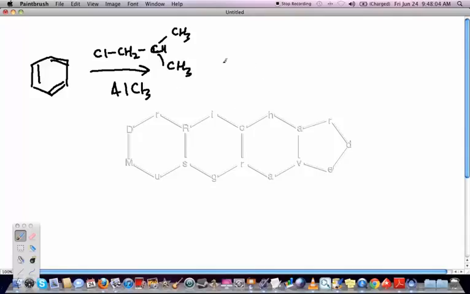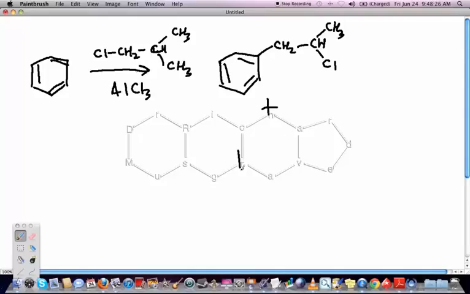And what we're going to end up with as products would be the primary possibility, which is this one, and that would just be from taking the Cl off the CH2, putting a positive charge here, and that would be the product we'll get. Also though, we will get the tertiary product, and that comes from rearrangement by having this H shift over, just like we saw before.